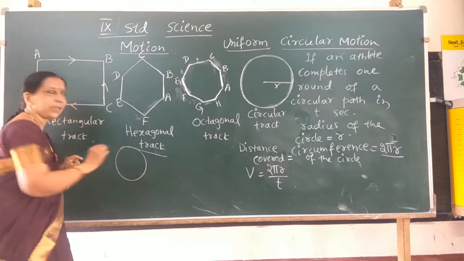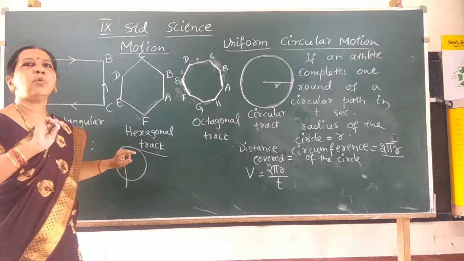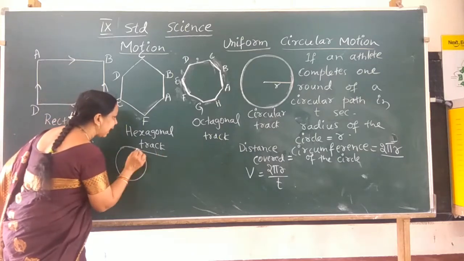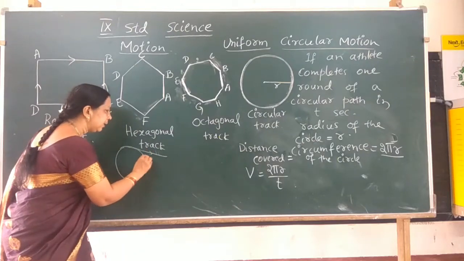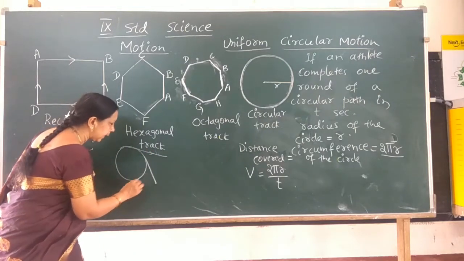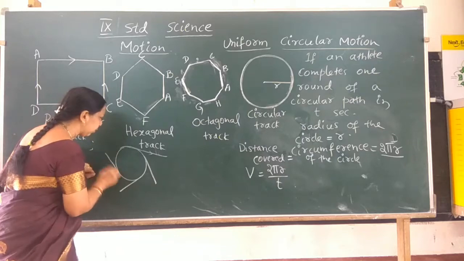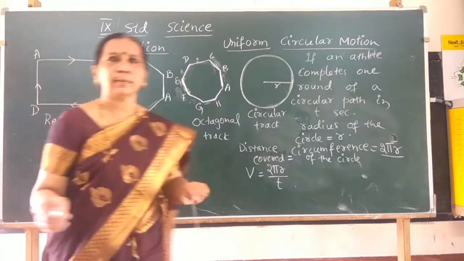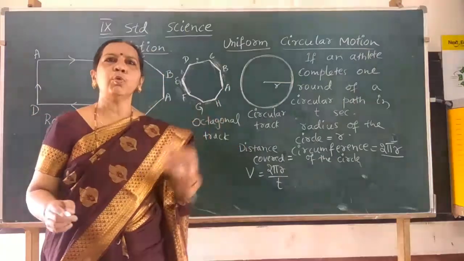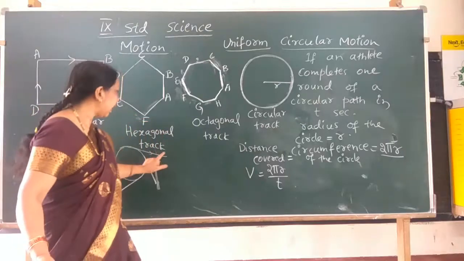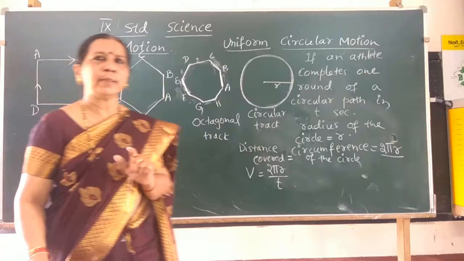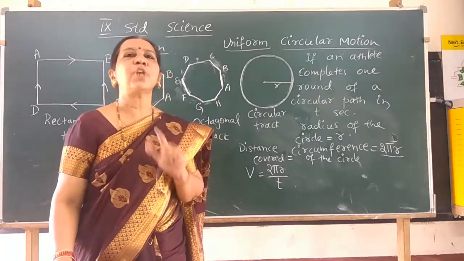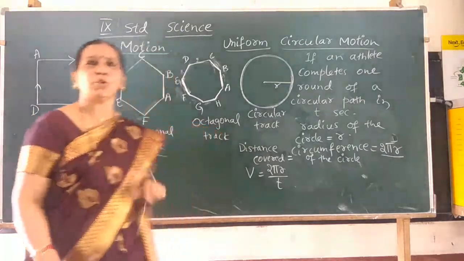So every time you release the stone, it moves in a straight line tangential to the circle. See, like this. So at every point when you release, it changes its direction of motion.